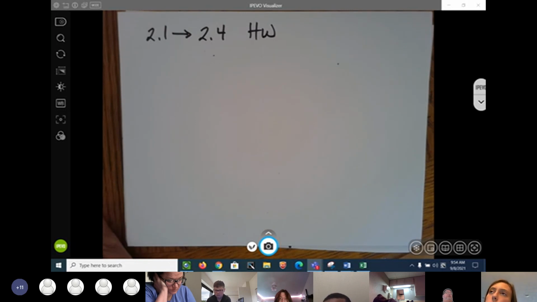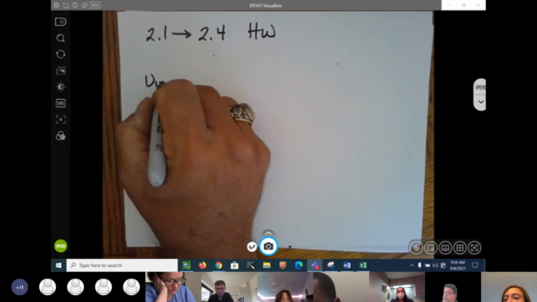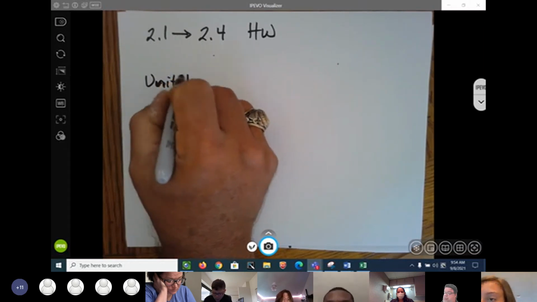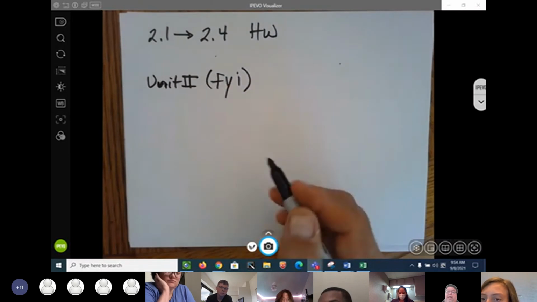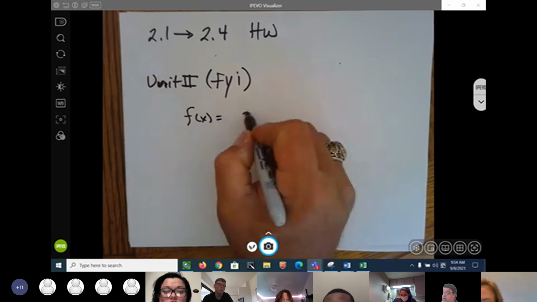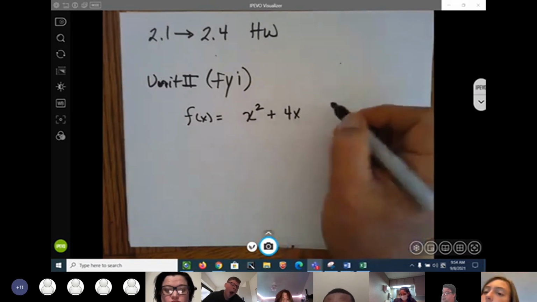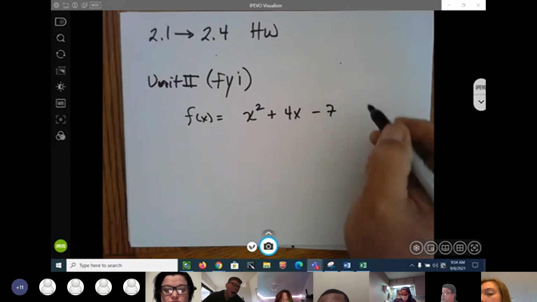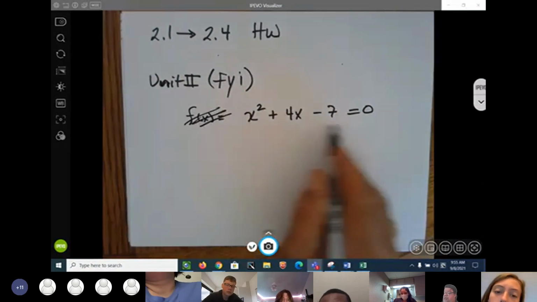But what do we do in Unit 2? Well, this is where we're heading. Y'all see this question right here. I want you to see why I combined the two tests. f of x is equal to x squared plus 4x minus 7 is equal to 0. That's a quadratic.